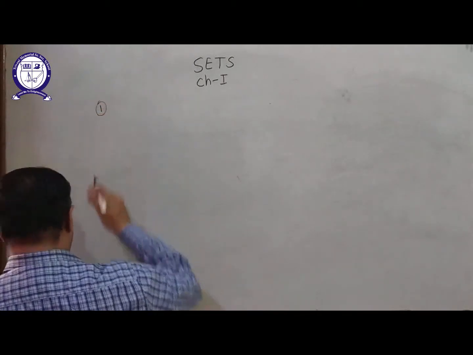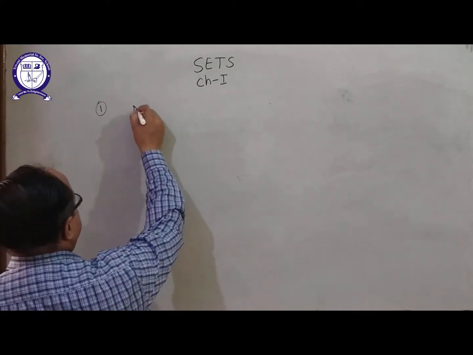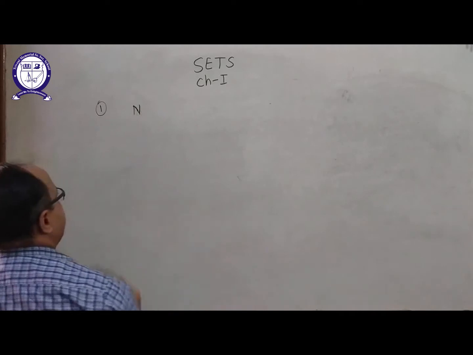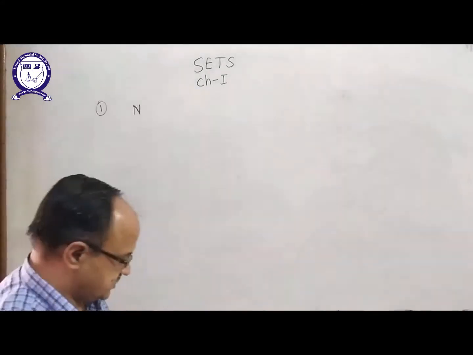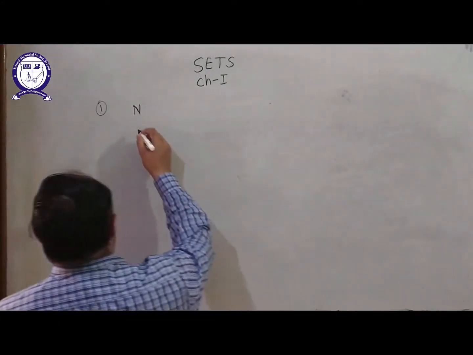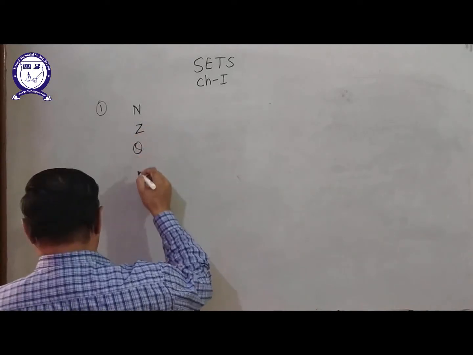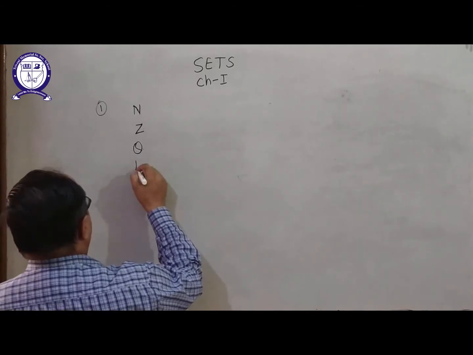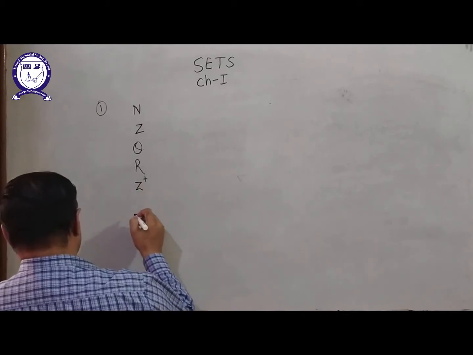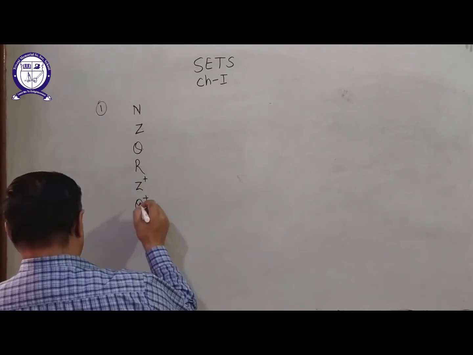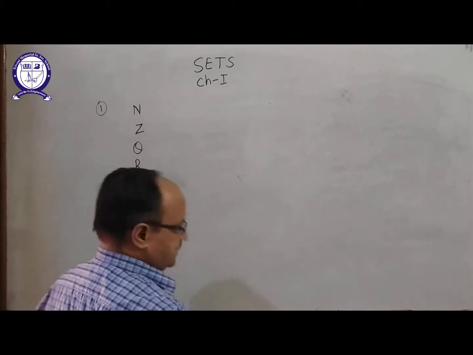You know that sets are generally denoted by symbols. In this chapter we use N. N means the set of natural numbers. And Z is the set of all integers, Q the set of all rational numbers, R the set of all real numbers, Z plus the set of positive integers, Q plus the set of positive rational numbers, and R plus the set of positive real numbers.